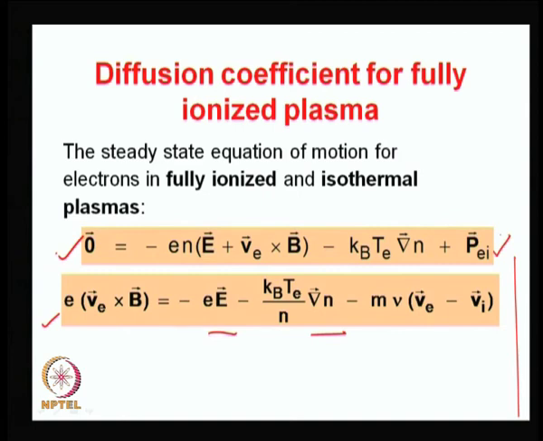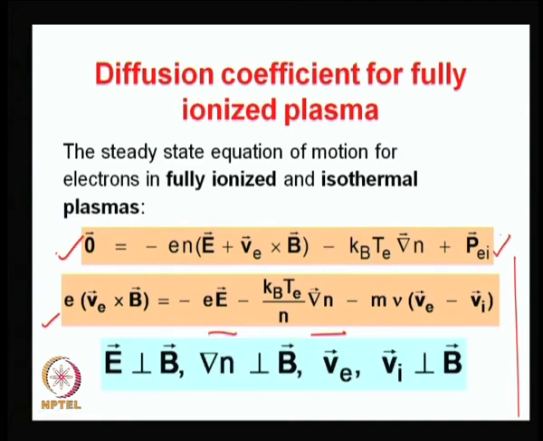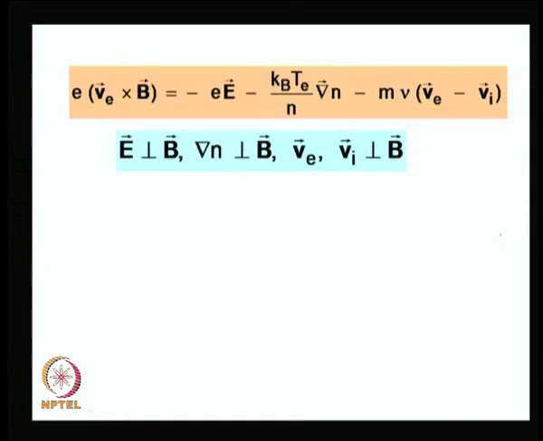We say that E is perpendicular to B, the density gradient is perpendicular to B and the electron and ion velocities are perpendicular to B. Under these assumptions, I have written down the equations again for ready reference.